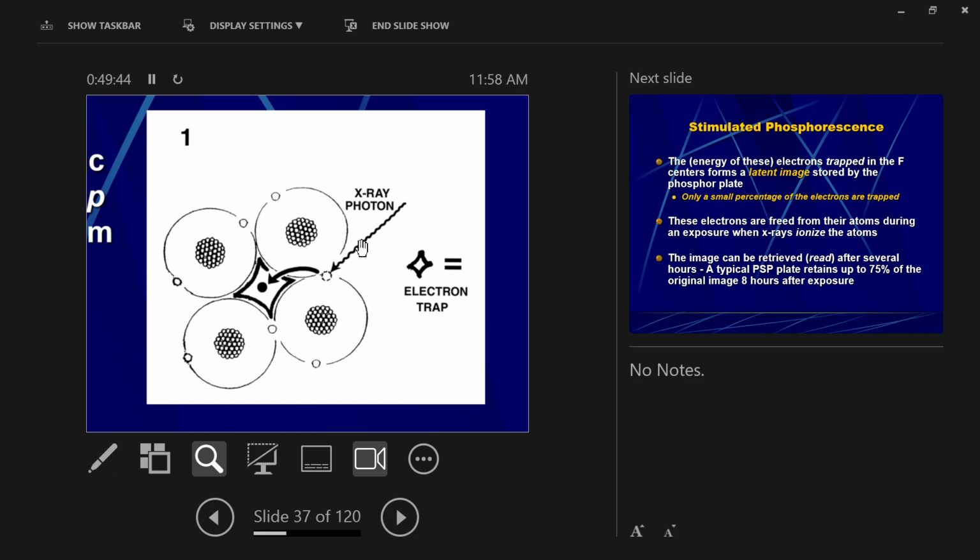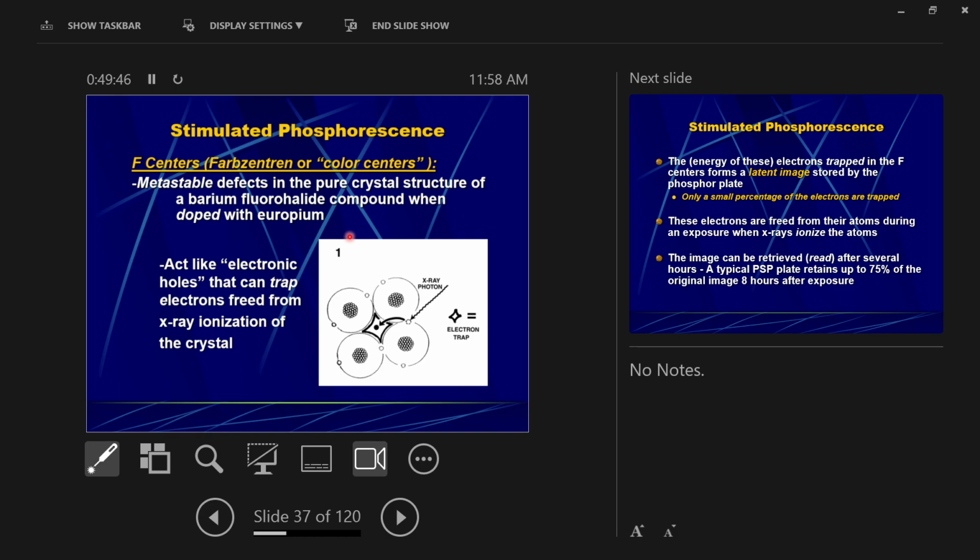They fall into an electron trap, also known as a Fabrizien center, or F center, okay? So it is an electron hole or an electron trap. It traps the electron. Now the electron is basically like this book, stuck up here with a bunch of potential energy, okay? And it's gonna hold on to it.